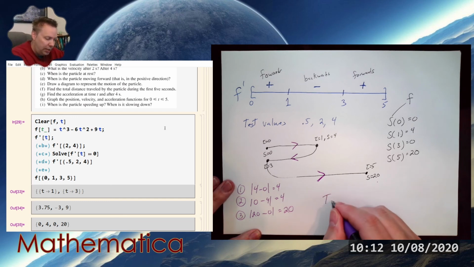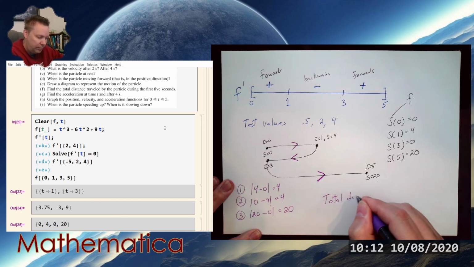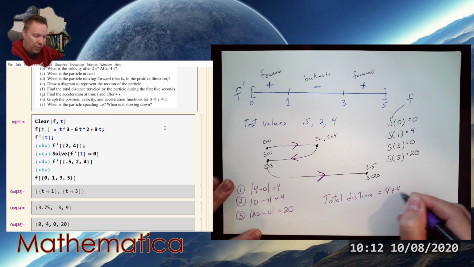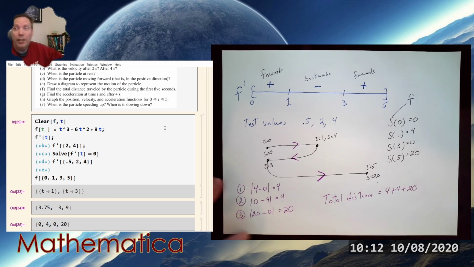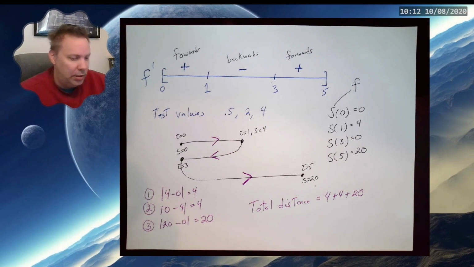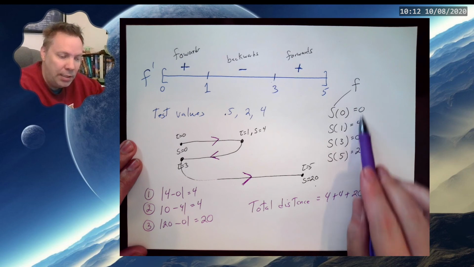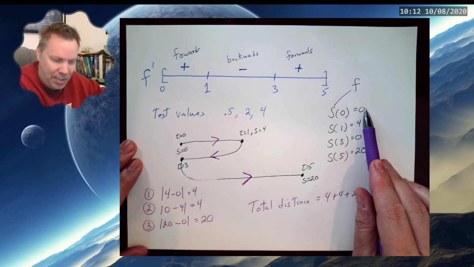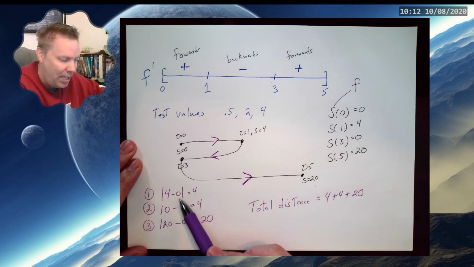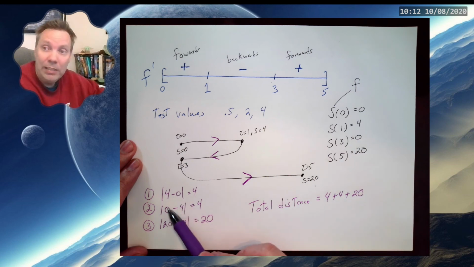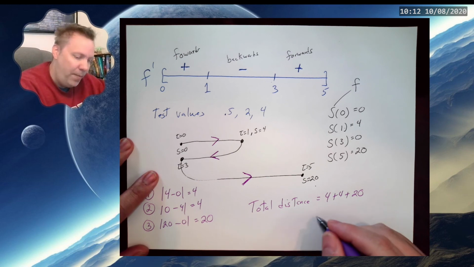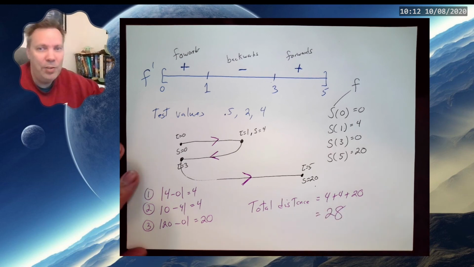So total distance here, 4 plus 4 plus 20. I did a lot of my calculations by doing all this. Now I just had to do some simple arithmetic. If this didn't turn out to be 0, or this didn't turn out to be 0, then I'm going to wind up having slightly different numbers. So my final answer is 28.